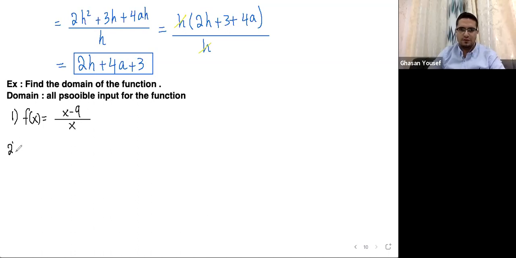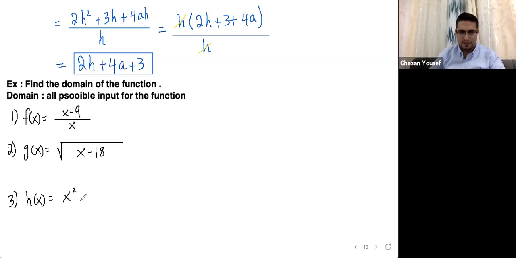Number 2, g of x equals the square root of x minus 8 minus 18. The third one is h of x equals x squared minus 3x. Okay, so the question is find the domain.